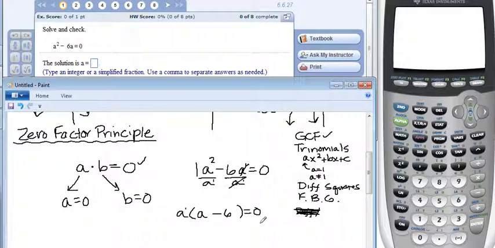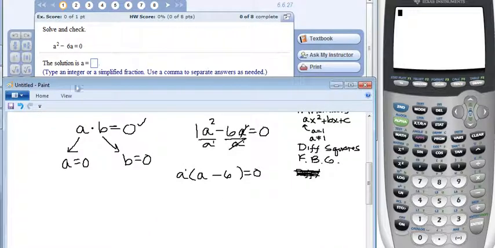Okay? So do you see how I've turned my subtraction into multiplication? I have A times something. All right? Now I can use this principle. I have something times something is equal to 0. Therefore, either that's got to be 0 or that's got to be 0.